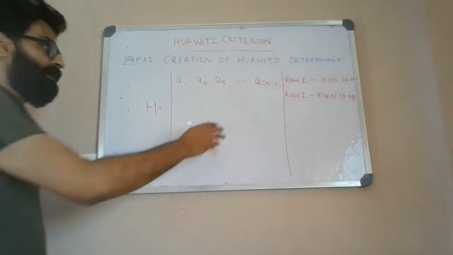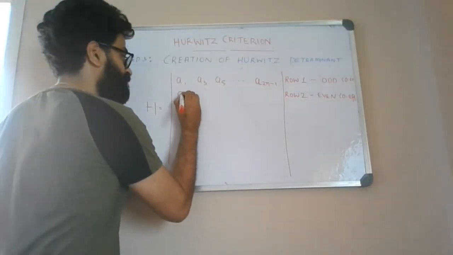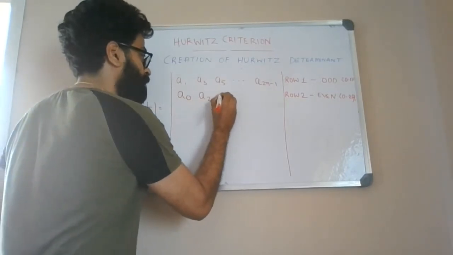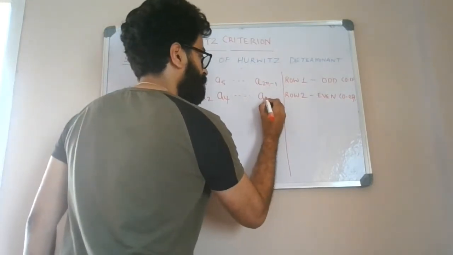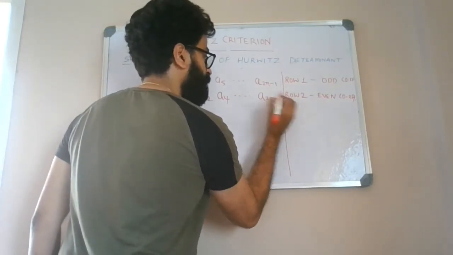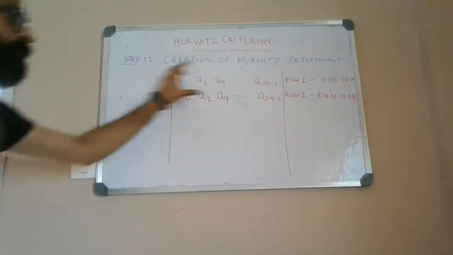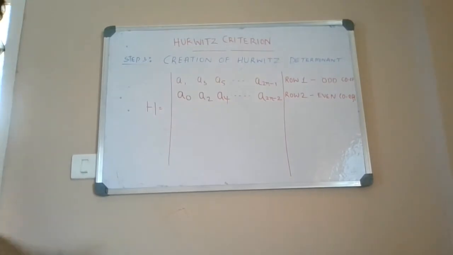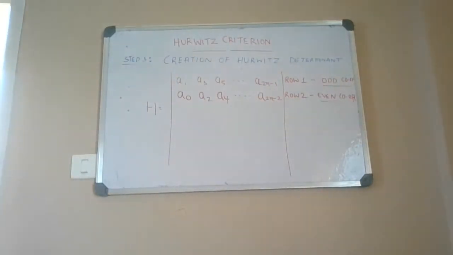And then you write down the even coefficients, which are the missing coefficients: a0, a2, a4, and so forth. The last coefficient will be a2n minus 2. So the first two rows are constructed from the coefficients of the characteristic equation. Row 1 is constructed using odd and row 2 using even.